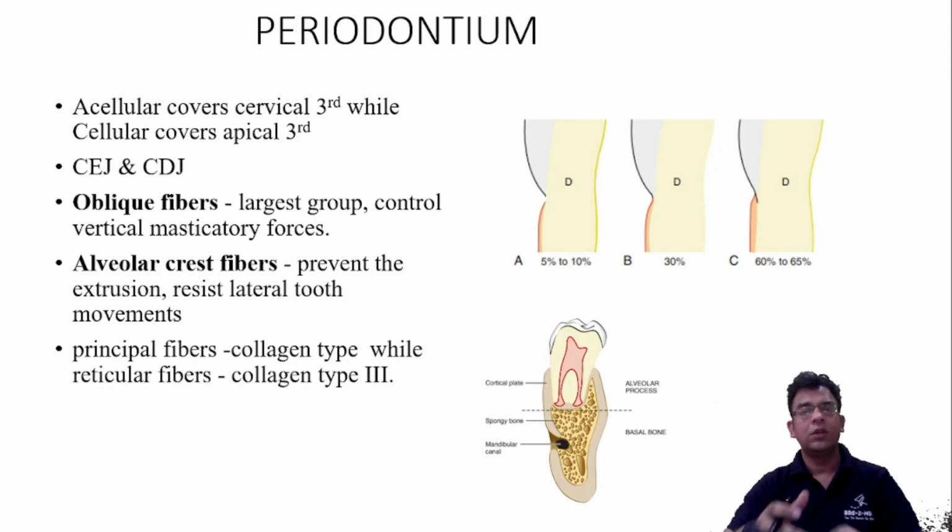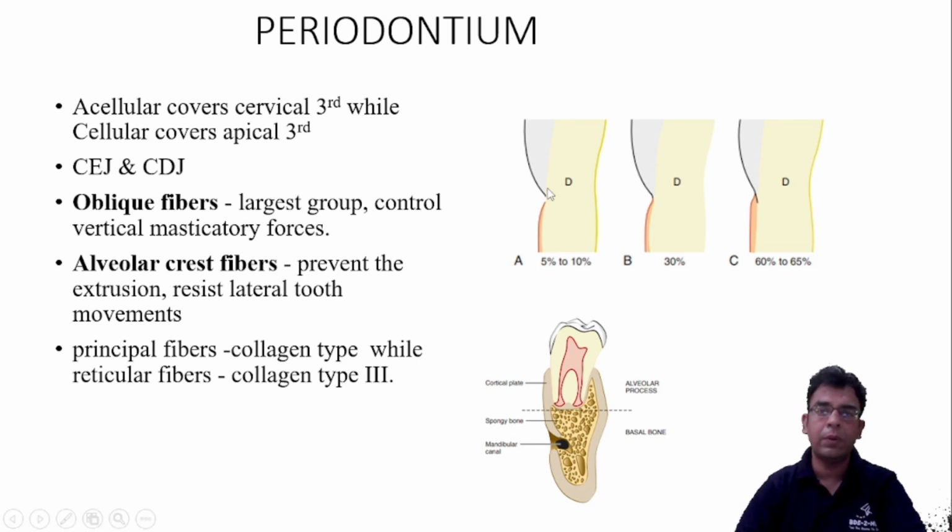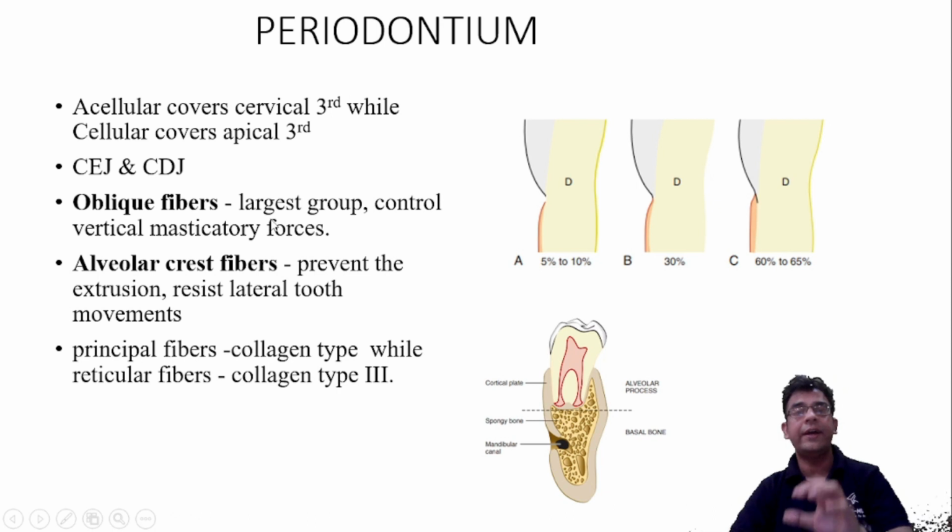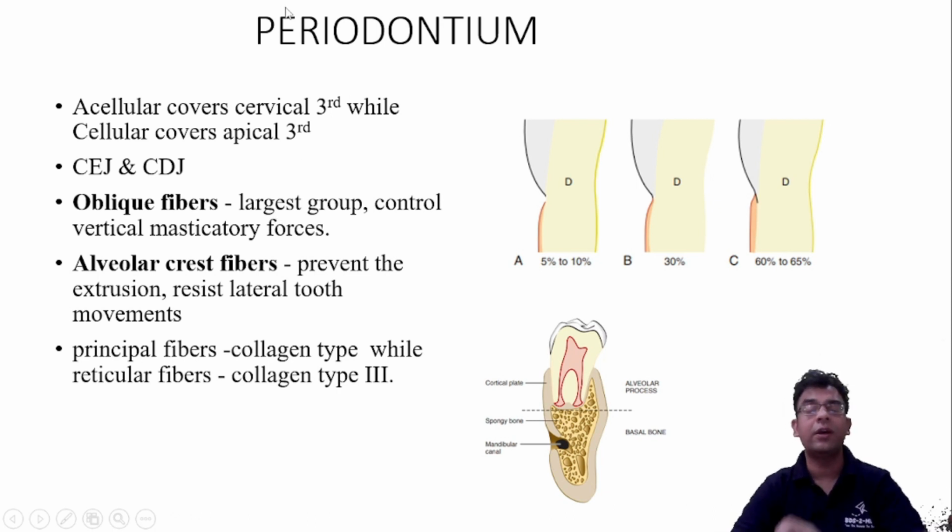Periodontium, again, cementum, alveolar bone, and periodontal ligament fibers. Theories around the periodontal ligament, everything you have to remember. CEJ, CEDJ, and especially about the CEDJ, you have to remember its dimensions, its widths, and CEDJ is the point where the obturating material must end.